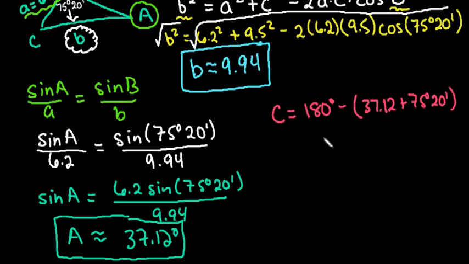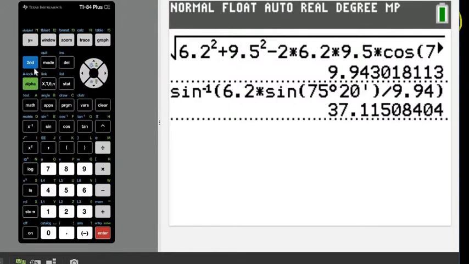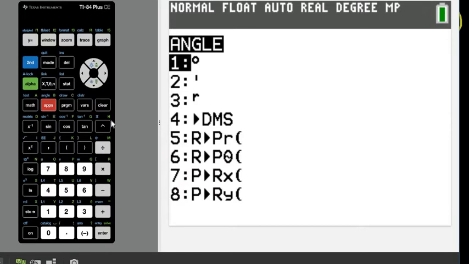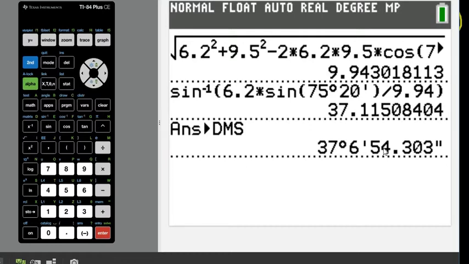Let me just address something really quickly before I proceed. If they asked you to put this into degrees, minutes, seconds, you can use your calculator. So if I go into here, I can hit second and apps, and it'll say convert to degrees, minutes, seconds, so I can do option 4, and it will automatically calculate it as degrees, minutes, seconds.